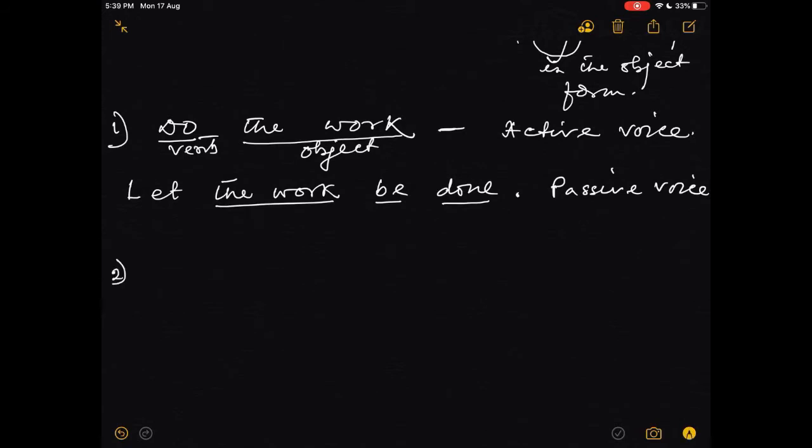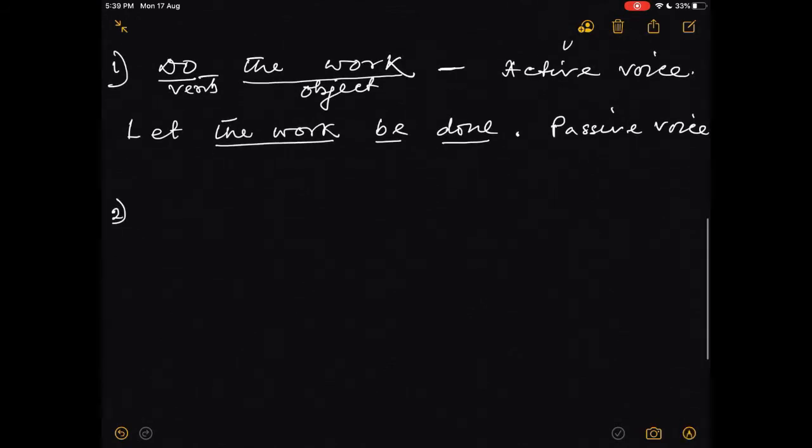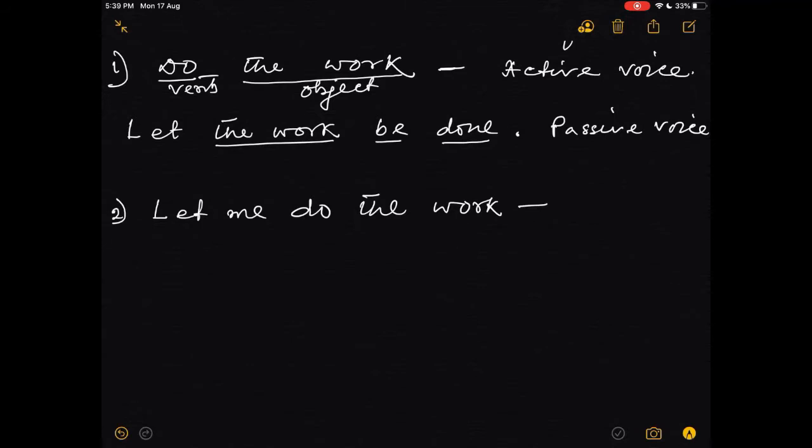Take another sentence, then it will be clear to you. Let me do the work. Active voice. But this sentence begins with let. So look at the sentence and see.